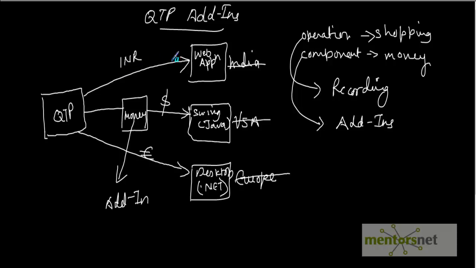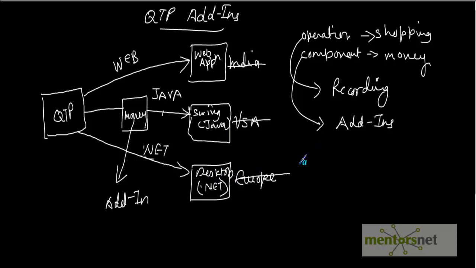For a web application I want a web add-in, for a Java application I want a Java add-in, and for a desktop application written in .NET I want a .NET add-in. The web application can be any browser and any site. Similarly, we have a Swing applet written in Java, and the desktop application.